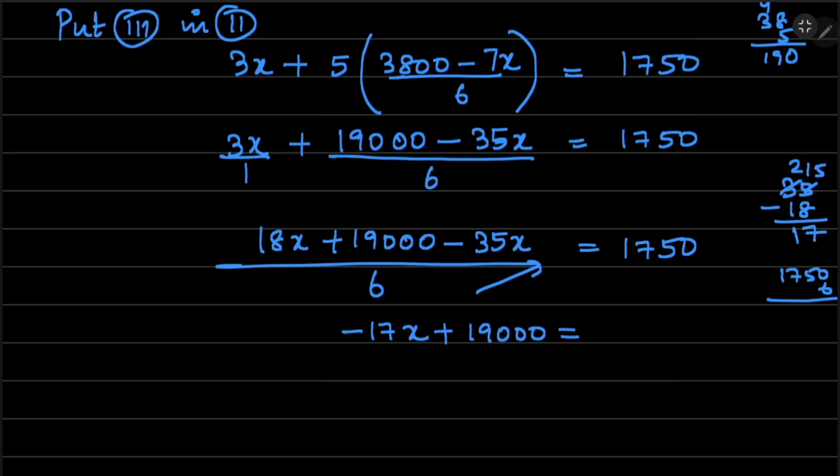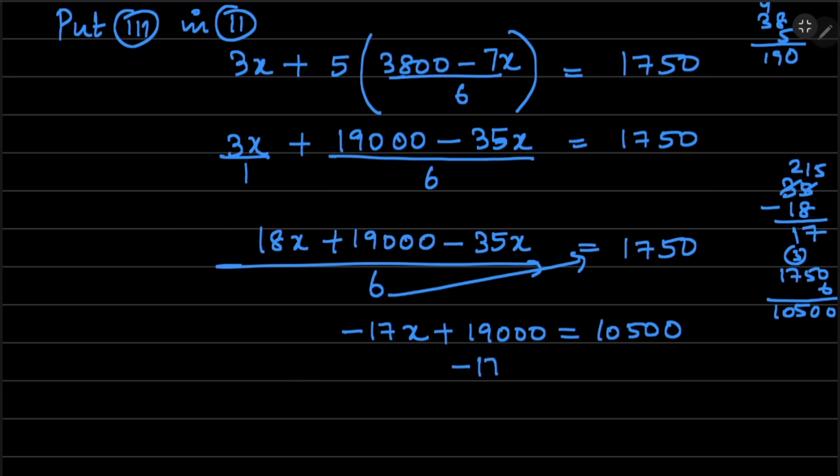1750 multiplied by 6. So you'll be getting 10,500 when you're cross multiplying, that is 6 multiplied by 1,750, you'll be getting 10,500.